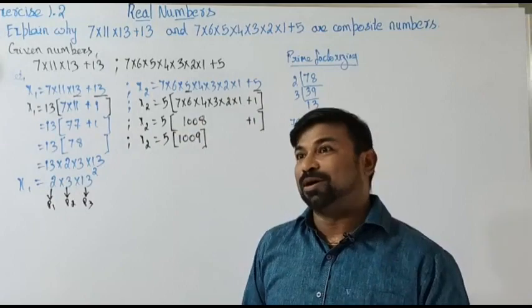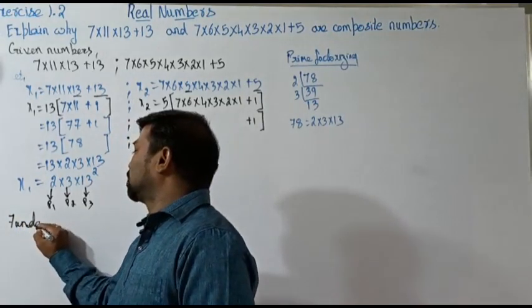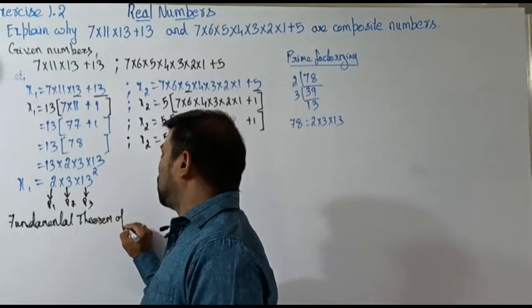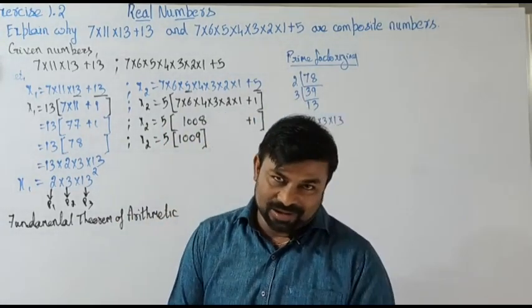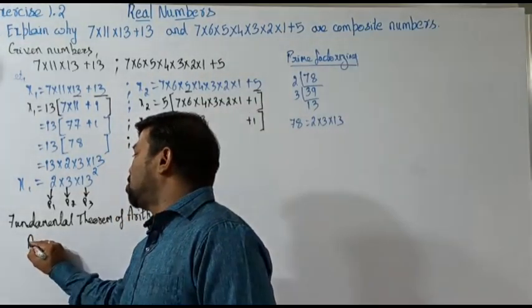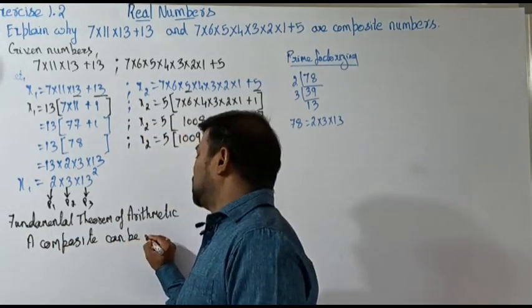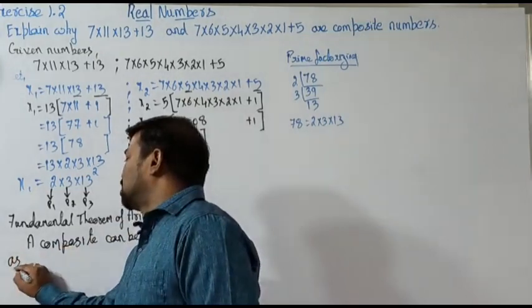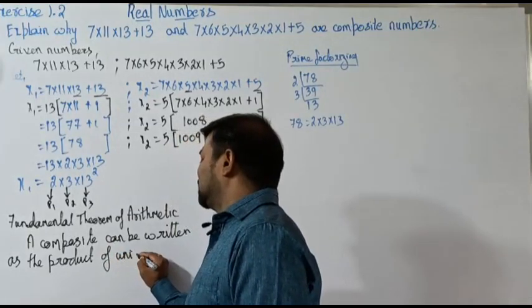What is a composite number? Let me write the definition for you. According to the fundamental theorem of arithmetic, a composite number can be written as the product of unique primes.